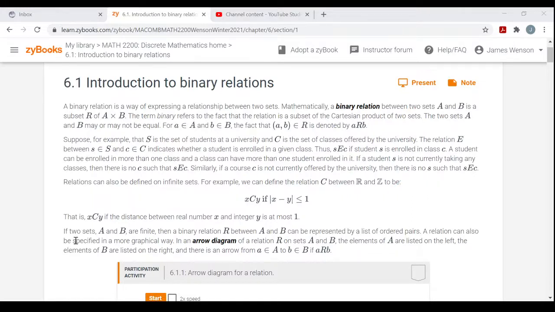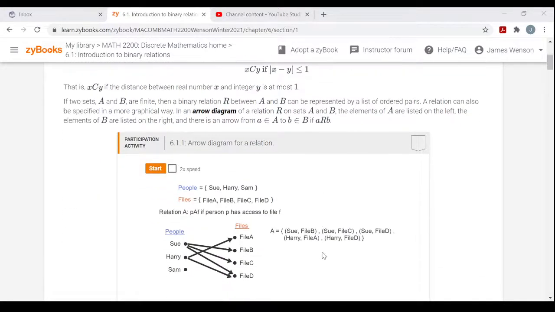A relation can also be specified in a more graphical way in an arrow diagram, which you've seen for functions, and is now coming back here for relations. The elements of set A are listed on the left, the elements of set B listed on the right, and there is an arrow from a to b if a is related to b.